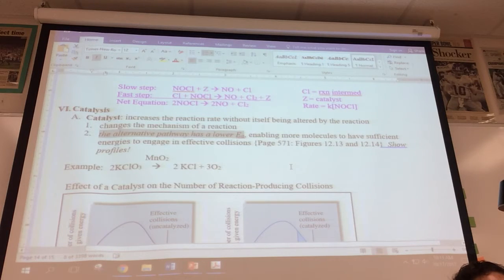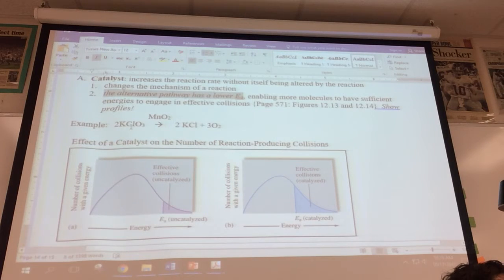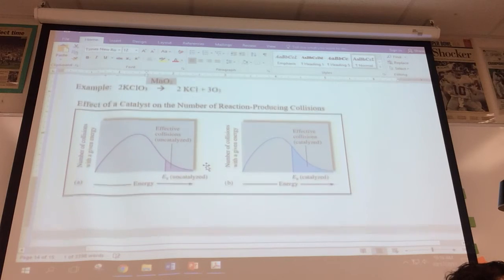So a catalyst is a substance that's not altered. It increases reaction rate because it provides an alternative pathway with a lower activation energy. For example, if you look at the decomp of potassium chlorate, if you add manganese 4 oxide, that is a catalyst that increases reaction rate.